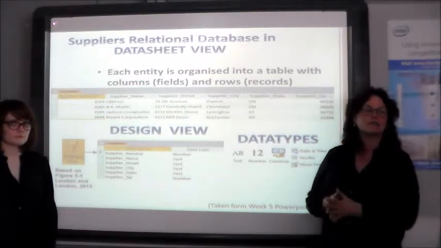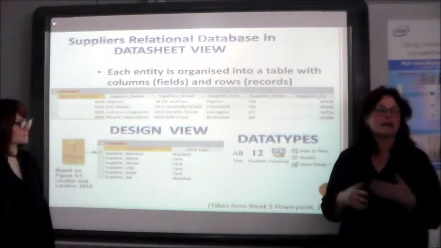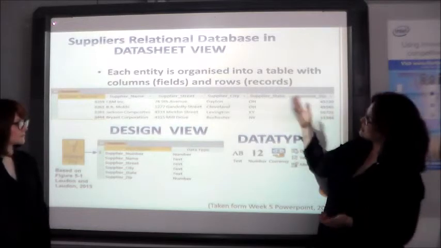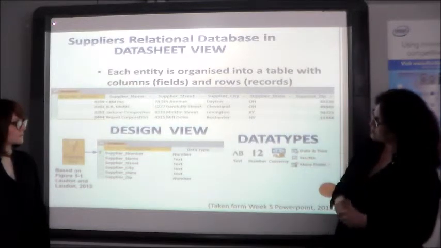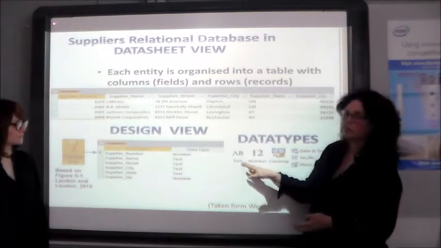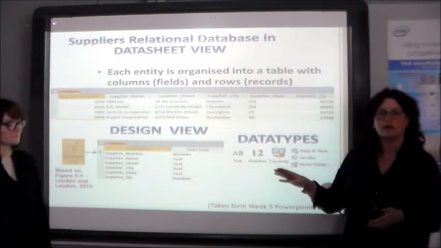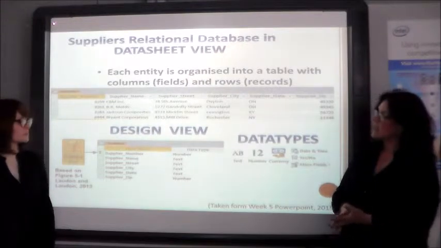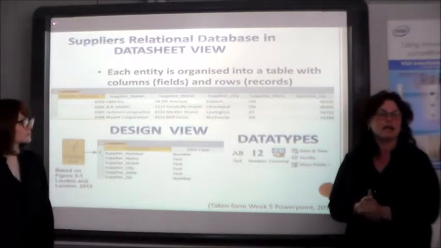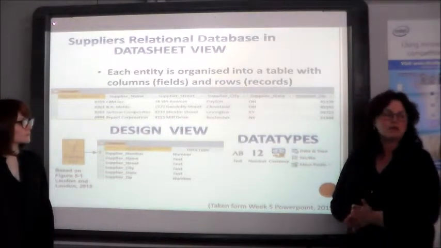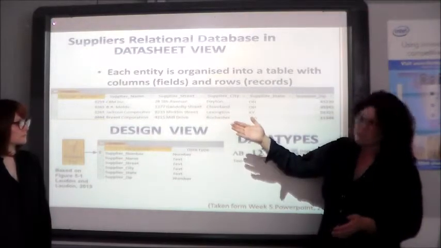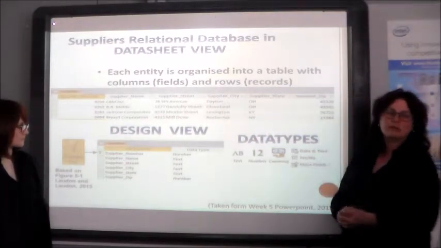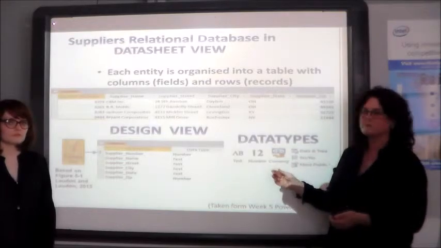This allows data to be inserted directly into the datasheet view, or it can be put straight into the design view, or alternatively you can use your current Excel data which can be imported in. Each entity has its own table and the attributes are added. For example, the supplier name is the entity and the actual name of the supplier is the attribute.